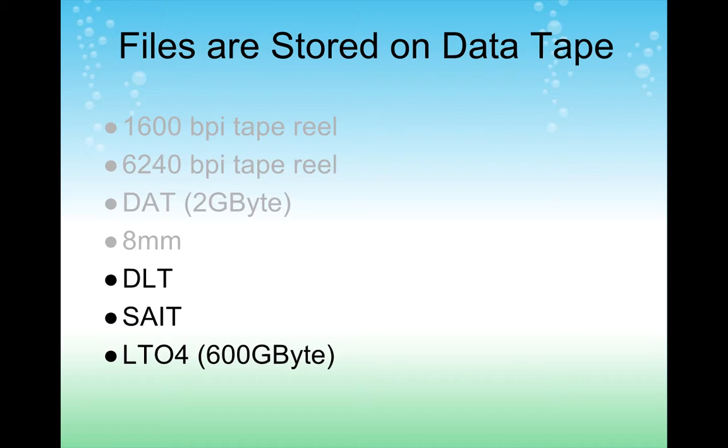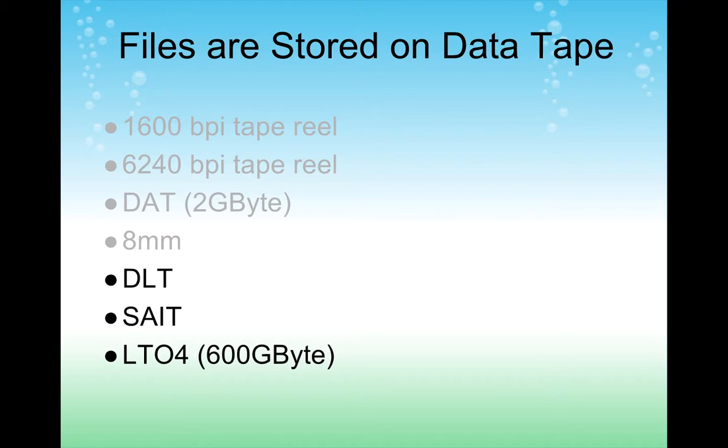Right? This is an old slide set, I realize, and so LTO has gone from LTO 4 to 5 to 6. 7 is announced. Just quickly, though, historically, data tape used to be reel-to-reel, 1600 bits per inch data tape. That's what I used in school.